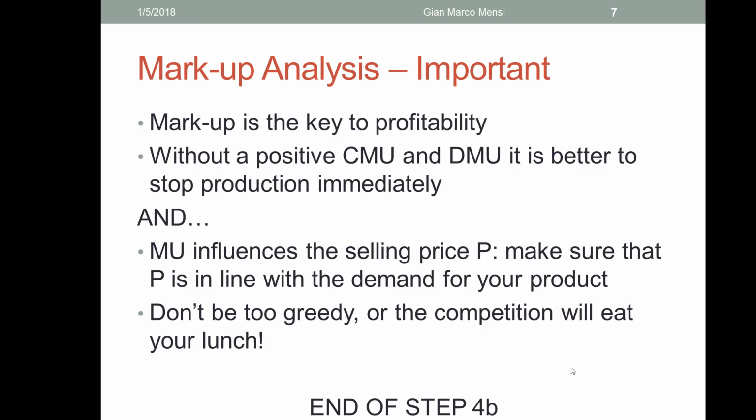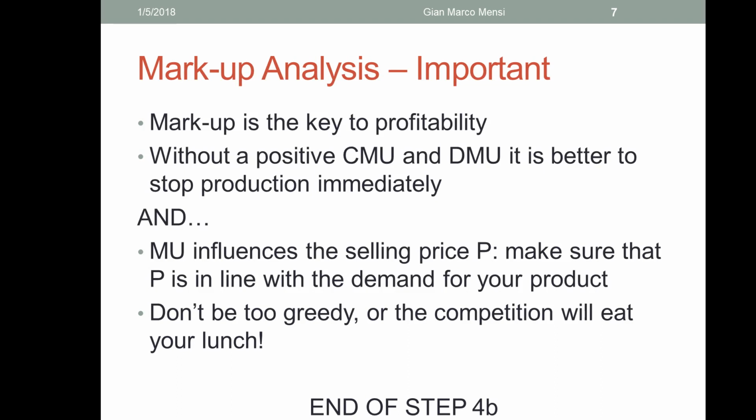Clearly, markup is the key to profitability, but without positive margin markup over direct costs and over variable costs, you'd better stop production right away. So either your contribution margin per unit and your direct margin per unit are bigger than 0, or you can stop producing right away.